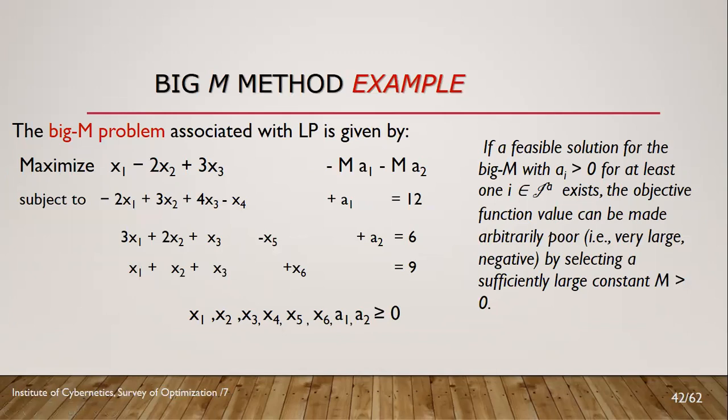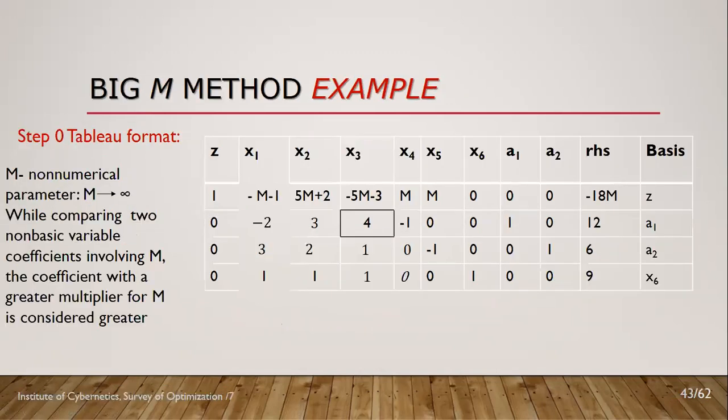For the basis, at this point we have A sub 1, A sub 2, and S sub, and this one, X sub 6, with positive values. So what we need to do is make them 0 at this point, but initially they had M.